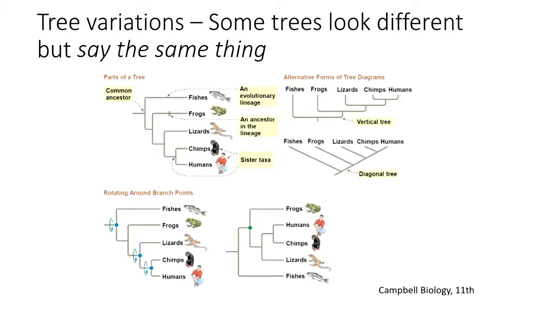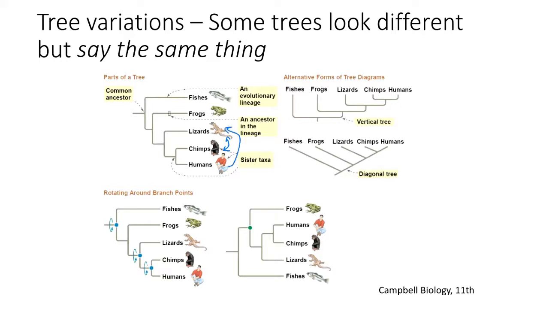Now, look at this. You can rotate around the nodes right here. So you can change the position of chimps and humans, and exactly the same is going to happen, because like we already know, it's not about the distance like this between chimps and lizards and between humans and lizards, right?